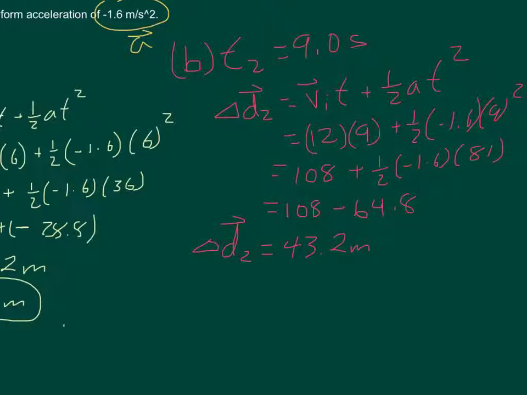And with 2 sig figs, displacement 2 is in fact 43 meters. Good.